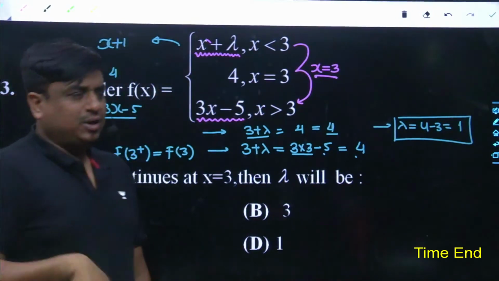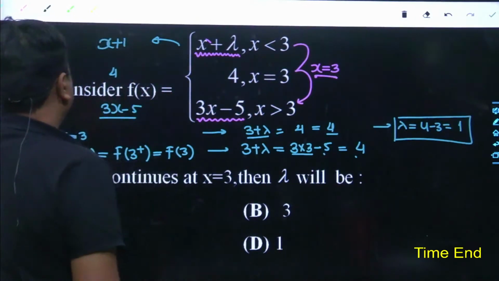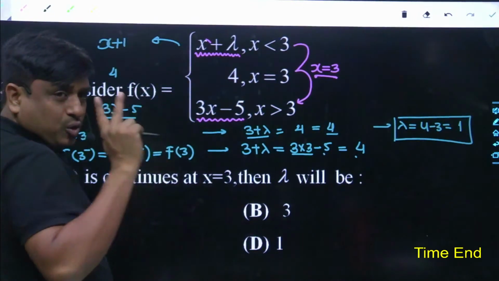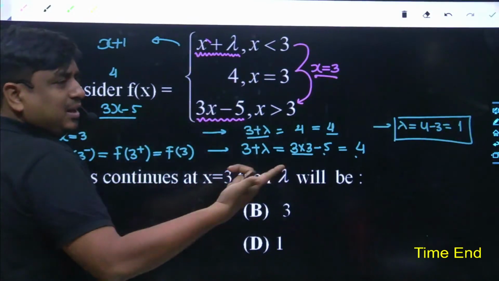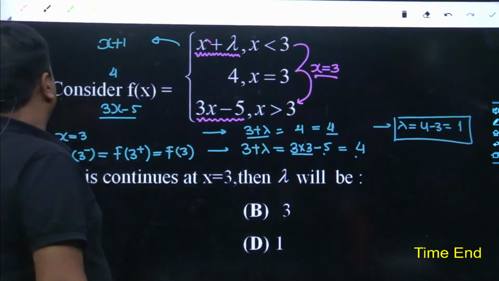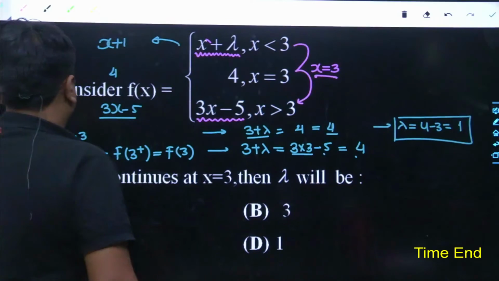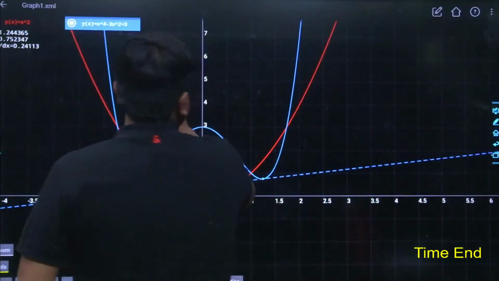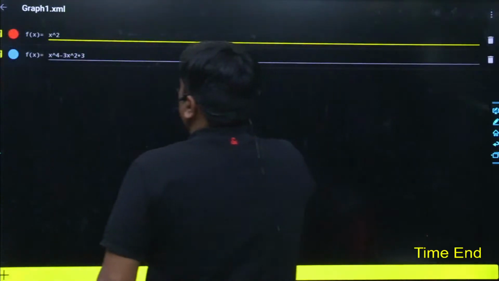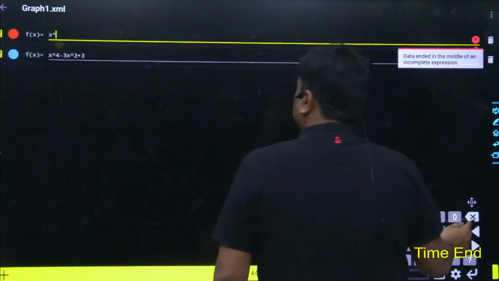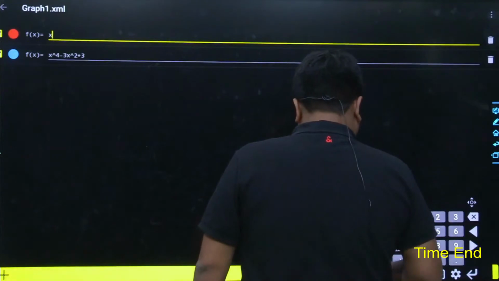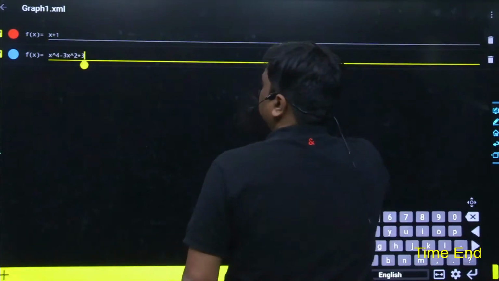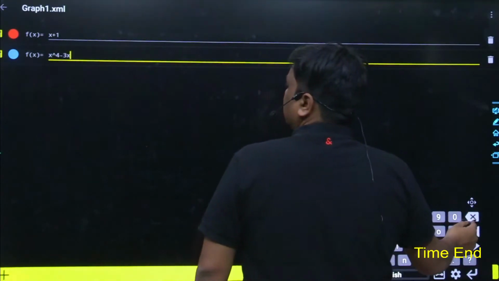If you don't understand graphically, you can understand this problem in a better way. So I am going to draw the two different linear equations, x plus 1 and 3x minus 5. So let's take this as x plus 1, and this has been 3x minus 5.